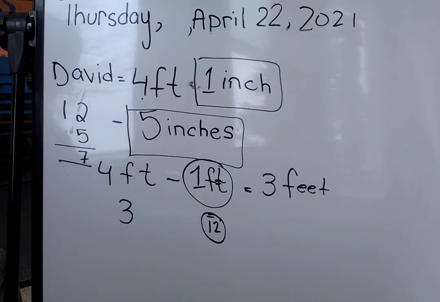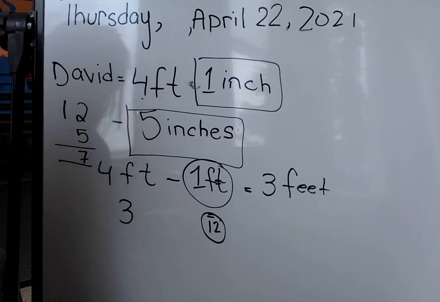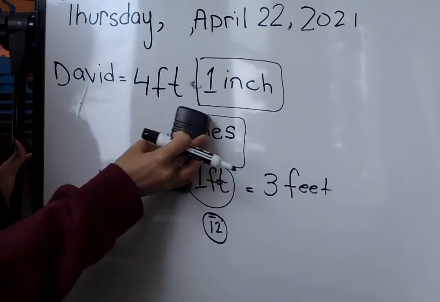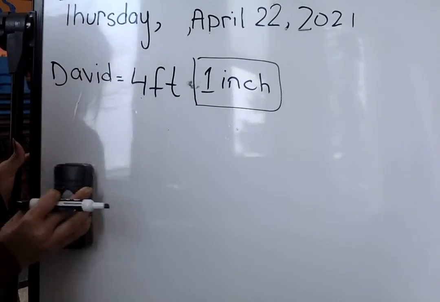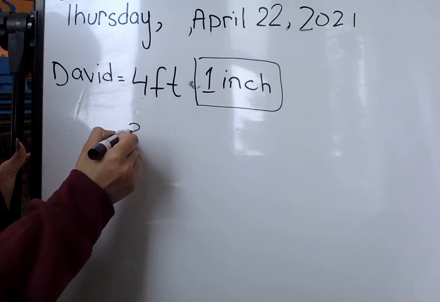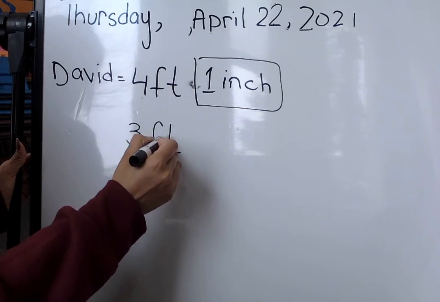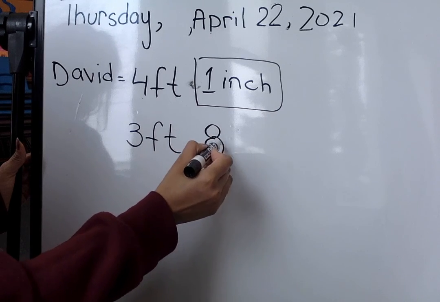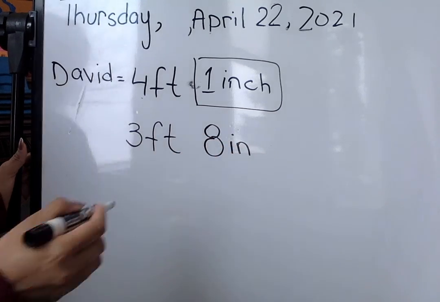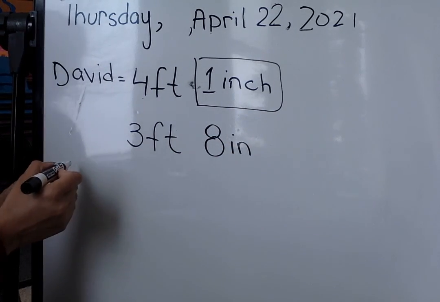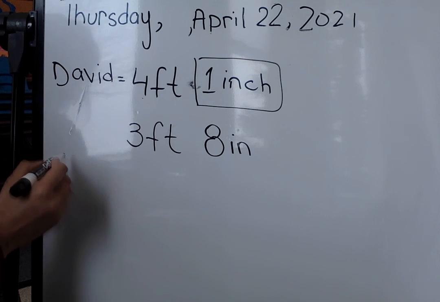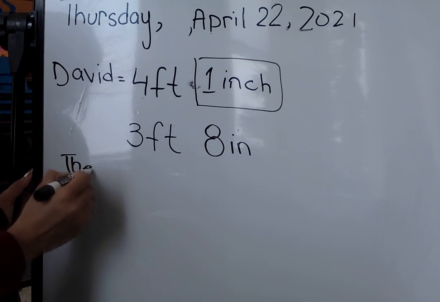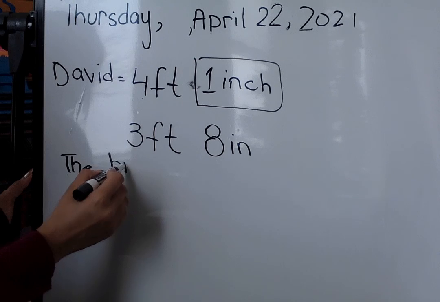So all together, David's brother is 3 feet and 8 inches. Okay, so we're going to write the answer, our sentence.